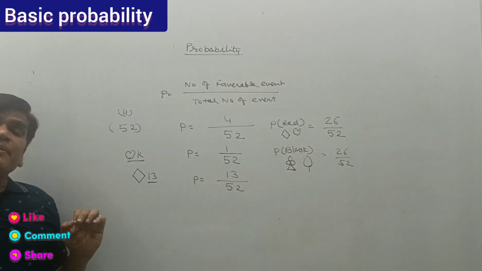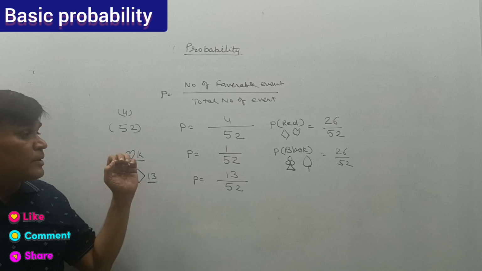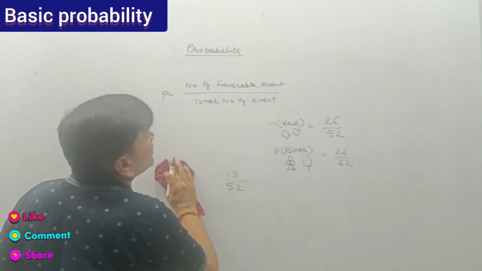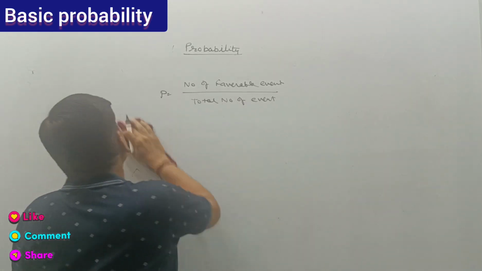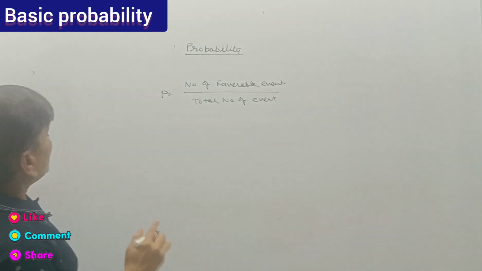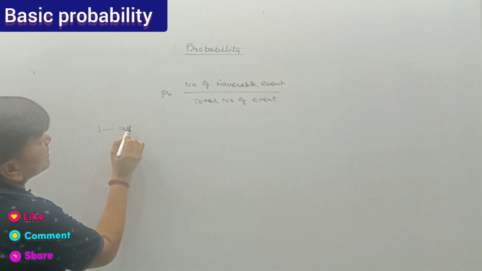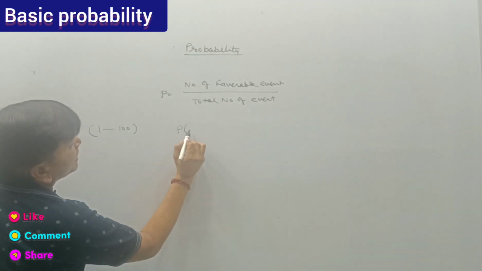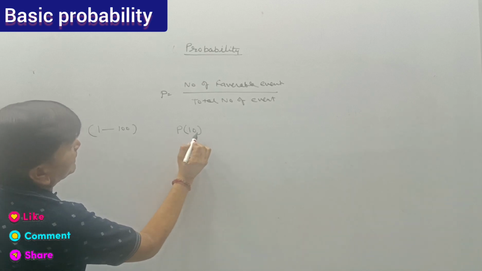So for getting the probability, if we are given numbers 1 to 100, what is the probability that a number will be divisible by 10?